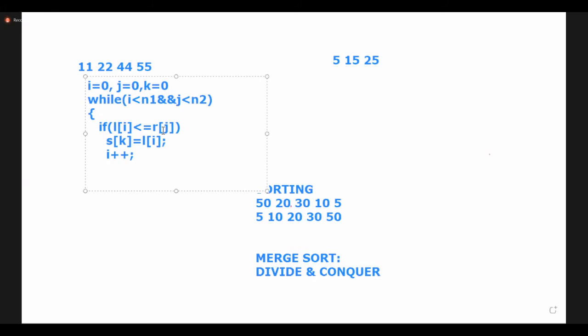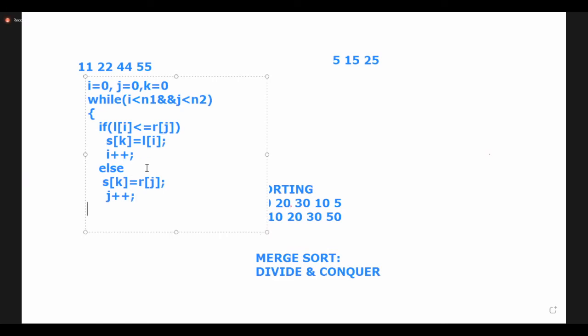Else means the reverse case. What is the alternative case? In the sorted array, S of K is equal to R of J, and here J plus plus.